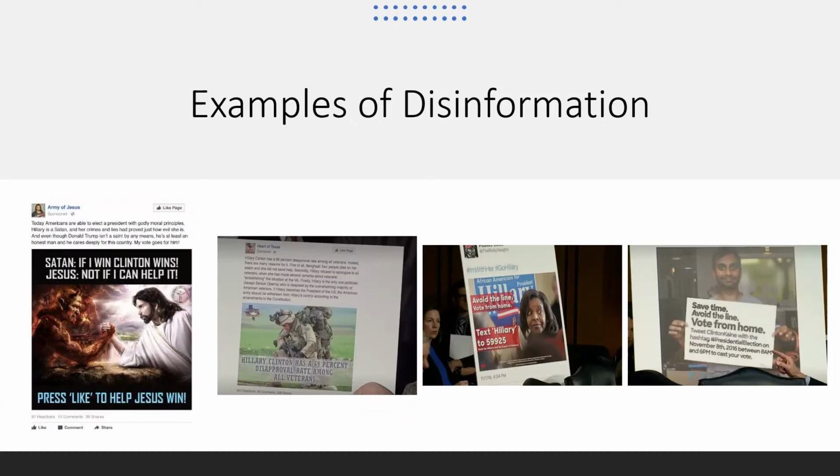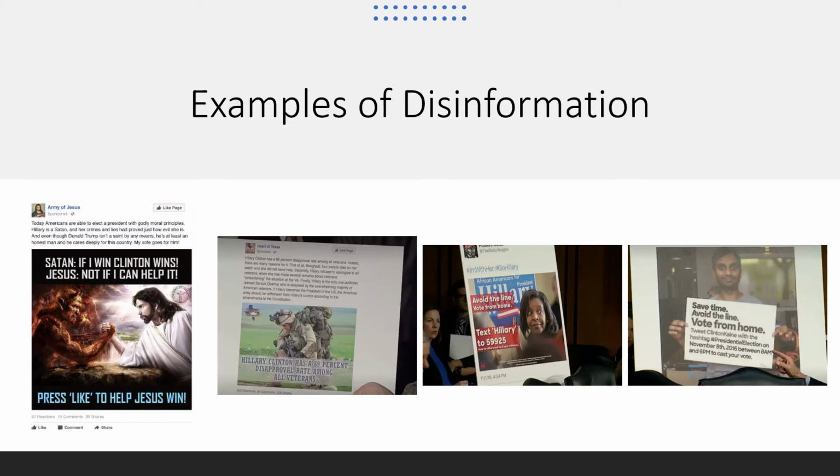Here I have a few examples of confirmed disinformation spread on social media during the 2016 election cycle. The first two were found on Facebook. Facebook has confirmed that both of these, quote unquote, organizations, Army of Jesus and Heart of Texas, are tied to Russia. Both of these focus on Clinton, discrediting her.